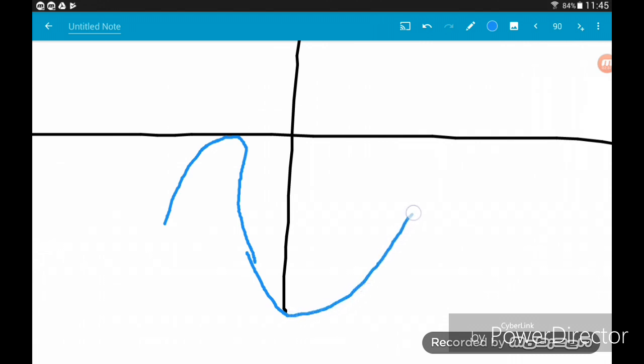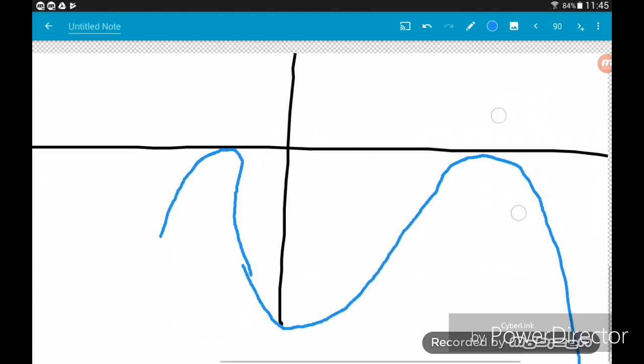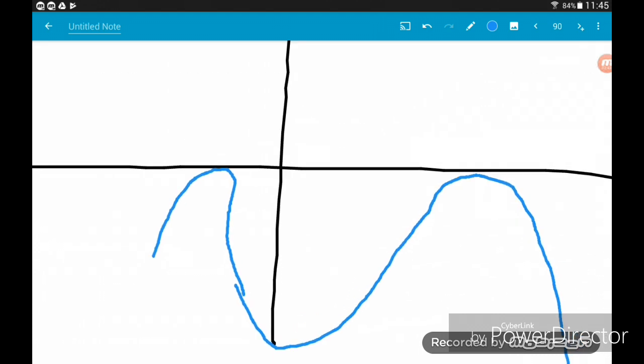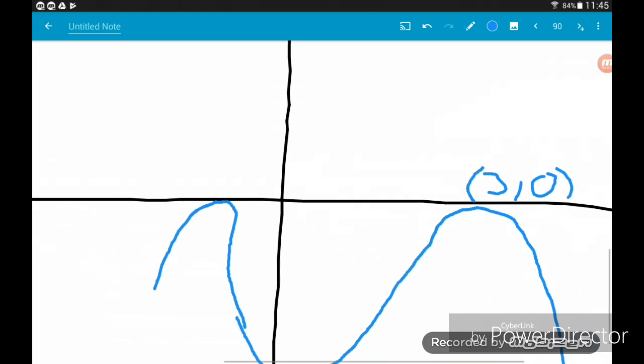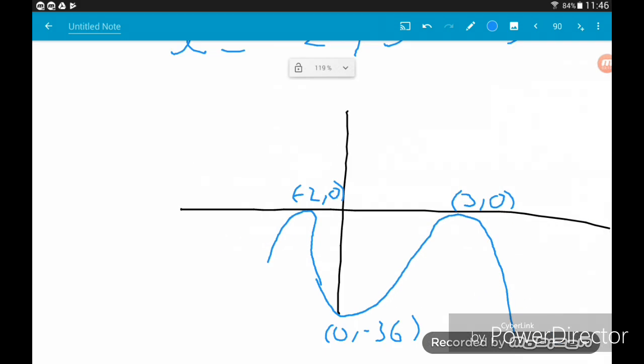Then we come back up, hit the x-axis at +3, and then go back down to the bottom right. So this point here is 3, 0. This point down here is 0, -36, and then this point up here is -2, 0. So there's our sketch.